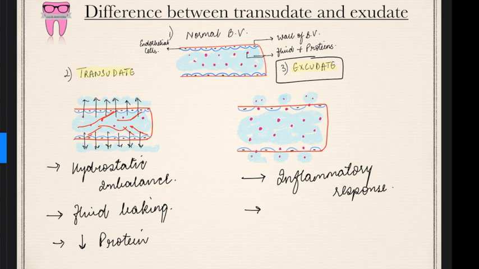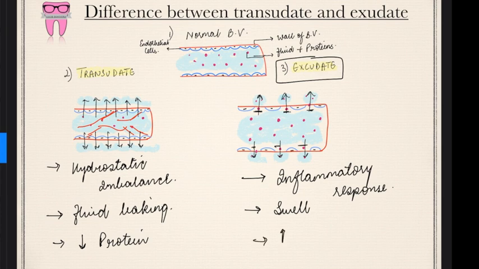Because of inflammation, the capillaries swell. And once they swell, they create a gap between the endothelial cells of the capillaries. Since gaps are created, the fluid along with the proteins is expelled or leaked out of the capillaries into the surrounding environment.